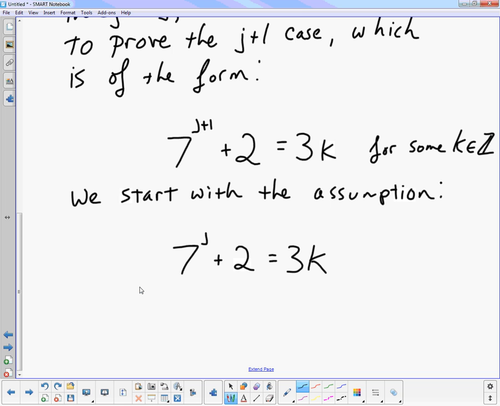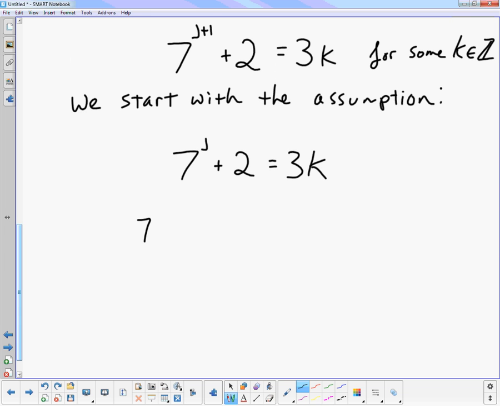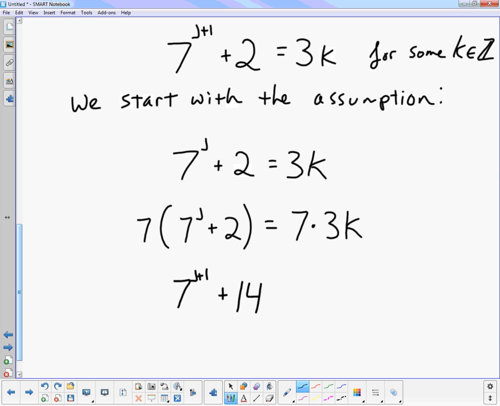Okay, if I multiply it by 7, I'm going to have to do some other things to it. So now I get 7 to the j plus 1 plus 14. But that's not really what I wanted, was it?